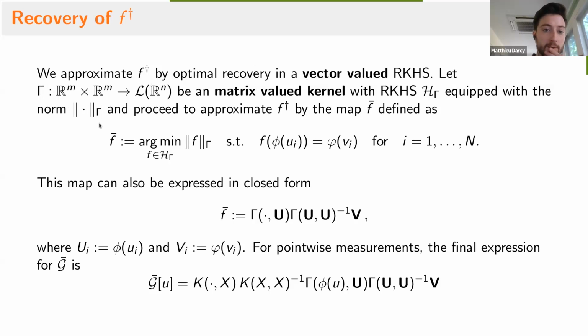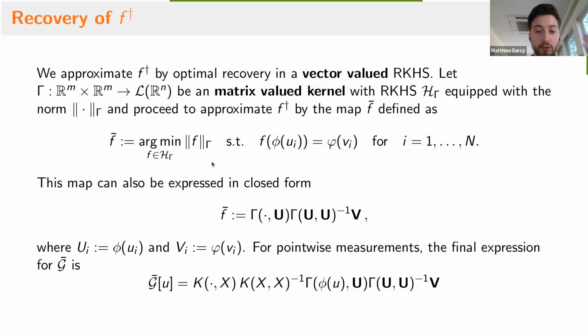And so our technique to approximate f dagger is exactly the same as before. We simply look at all functions within this RKHS that agree with the data. Here the data are vectors, and we're going to select the one with minimal norm.